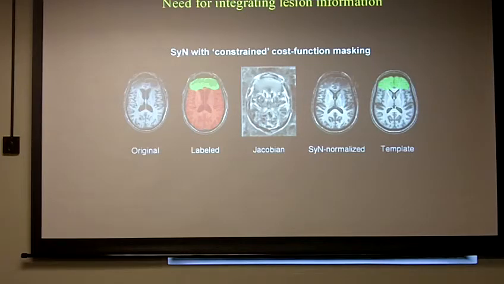After normalization, you can see that the lesion area is pretty preserved, but the other, diffusely affected area went through quite large deformation in normalization.